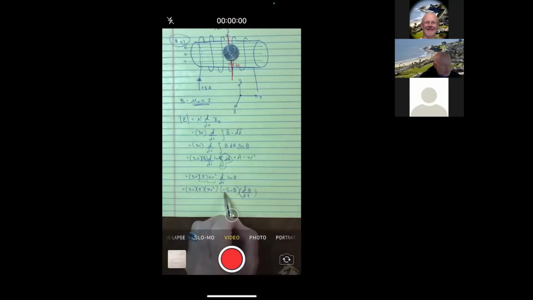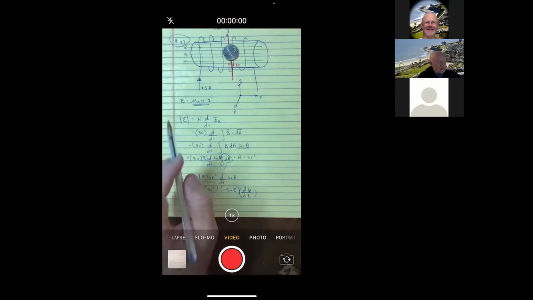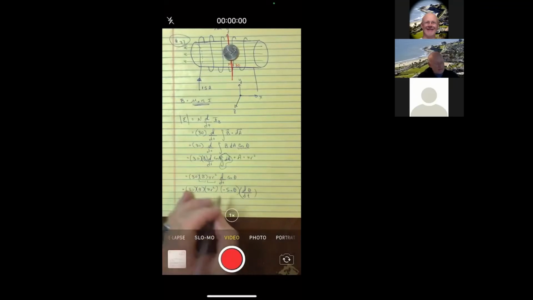We can debate on keeping that negative, because we are talking about one way positive and one way negative. So not too worried about that negative, but I'll just keep it for the moment.